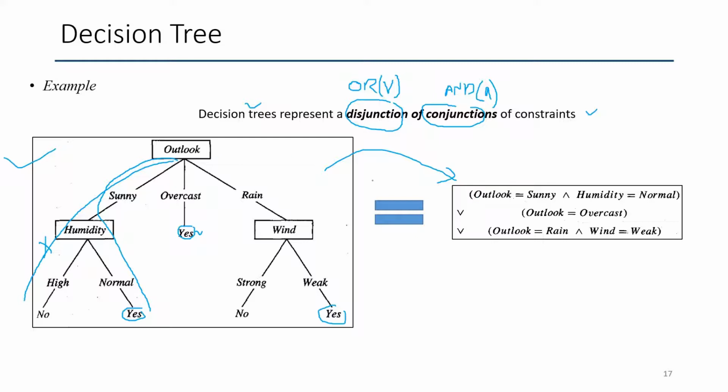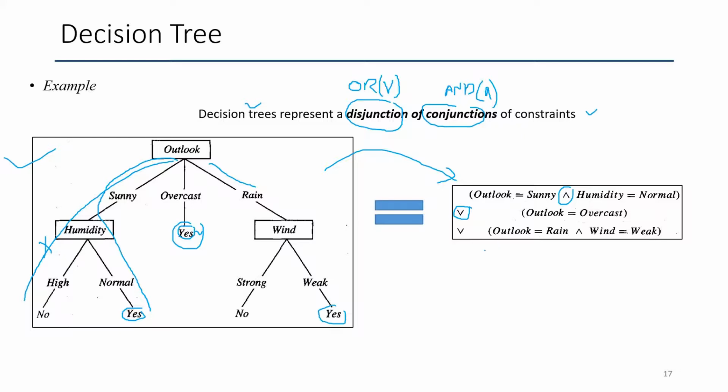I can encode it as: outlook equals sunny and, and this and is important, humidity is normal, or outlook equals overcast, or outlook equals rain and wind equals weak.